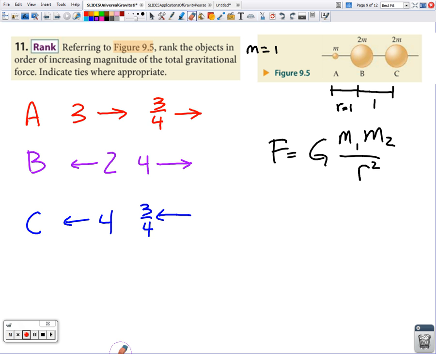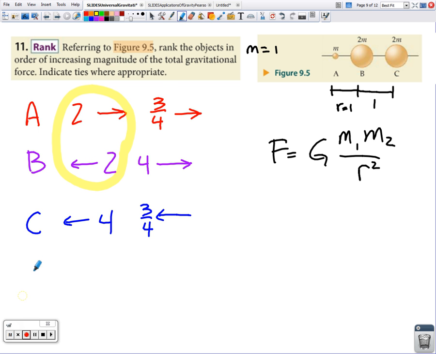All right, let's talk about A. A feels a force from B, right? It's not 3. It's actually 2. Okay? Those two are the action-reaction pair. This is B pulling on A. This is A pulling on B. Yes?